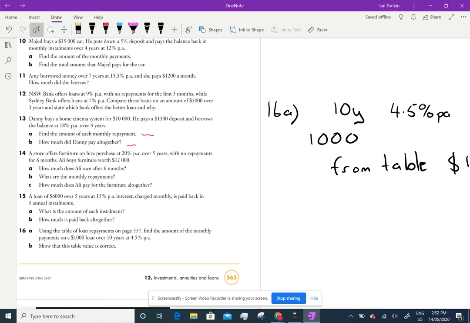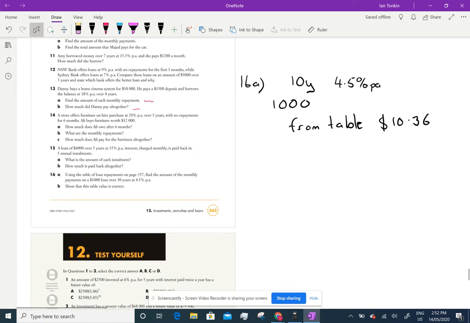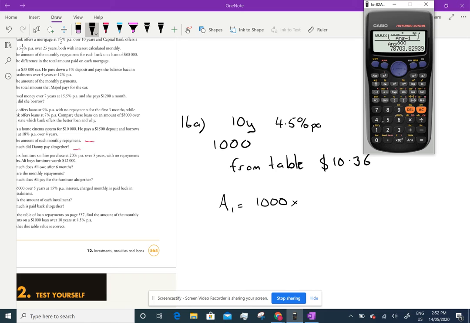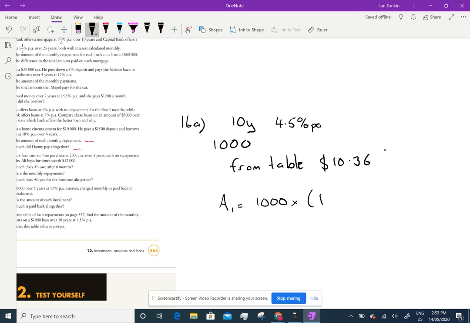Now, show that this value in the table is correct. So we're going to do the same thing. So A1 equals $1,000 times, now 4.5%, so 4.5 divided by 12 divided by 100, so 1.000375.